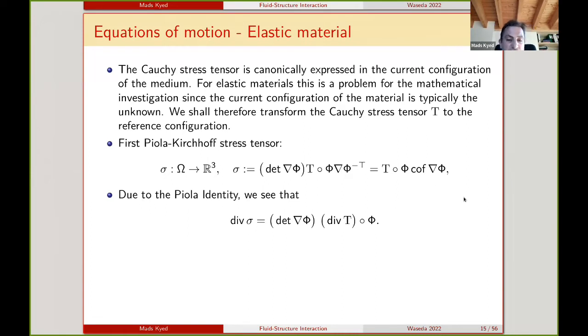By that I mean that the identity you see here, the divergence of the Piola-Kirchhoff sigma, is equal to the determinant of gradient phi times the divergence of the Cauchy stress tensor composed with the deformation. So in particular, whenever the divergence of the Cauchy stress is 0, then the divergence of the Piola-Kirchhoff is 0, and otherwise you have this factor which you see here, the determinant of gradient phi.